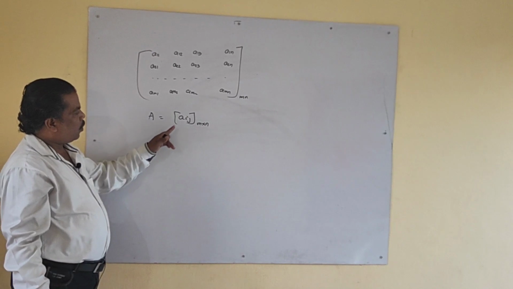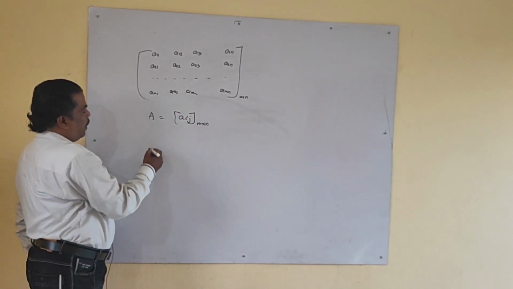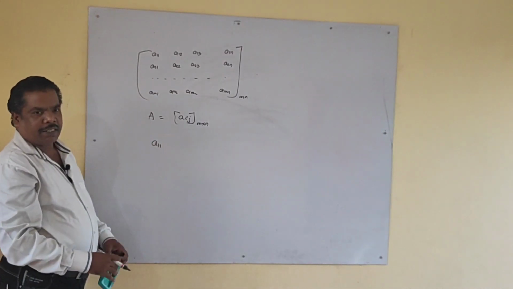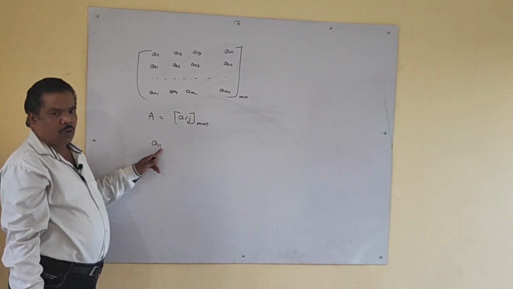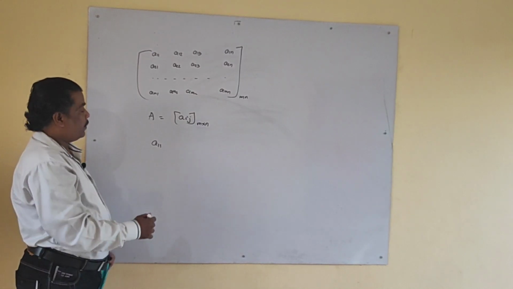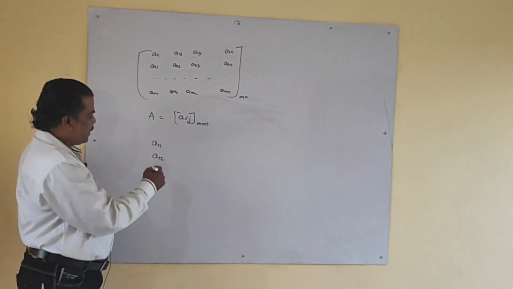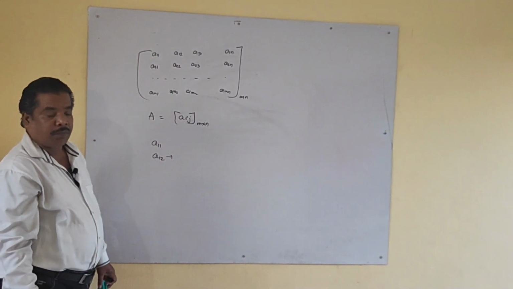I stands for row and J stands for column. Suppose I write A11. A11 means the element present in the first row and first column. A12 means the element present in the first row and second column.